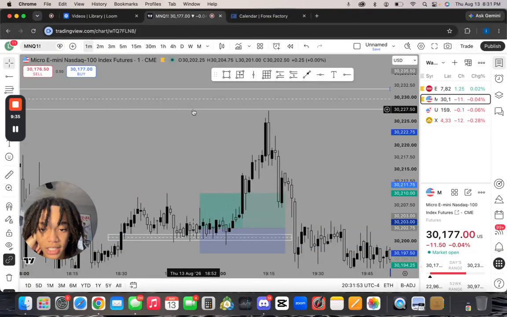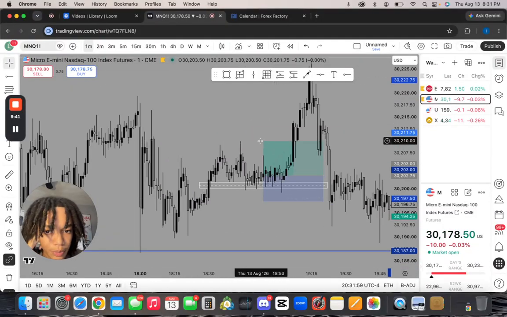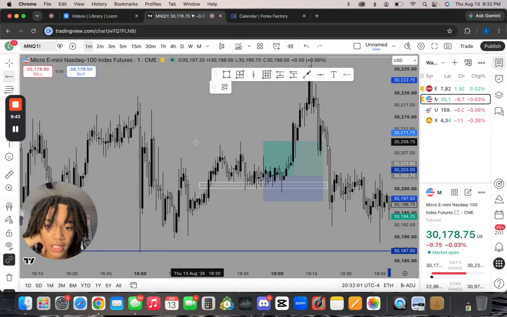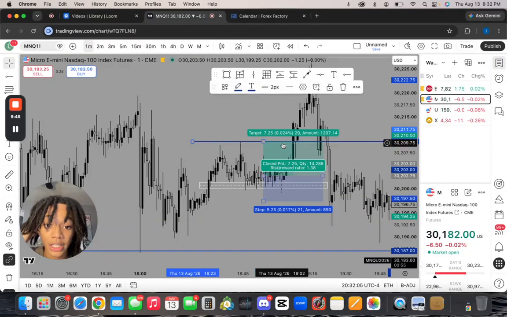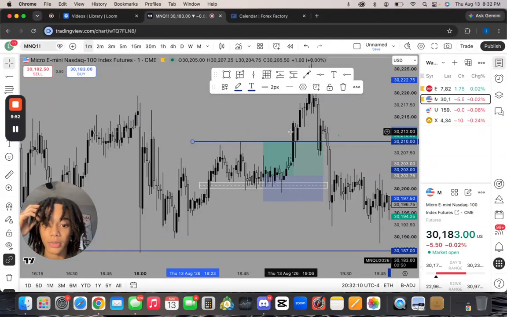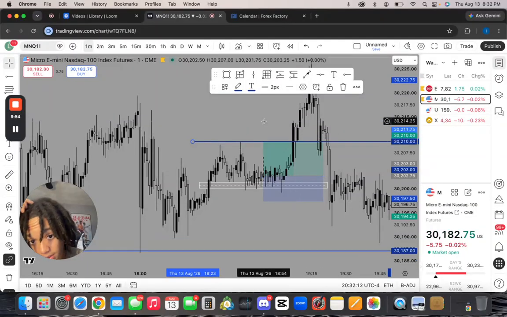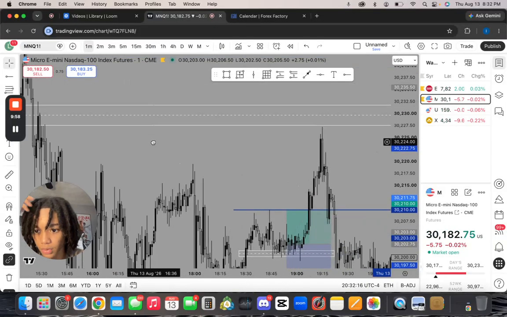If I would have realized this 15-minute fair value gap, I probably would have targeted the 15-minute fair value gap, but I only targeted to sweep these internal highs right here. And it did, and we got up here. We didn't really sweep anything.